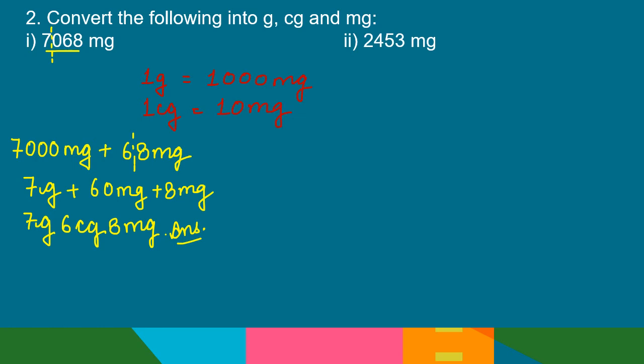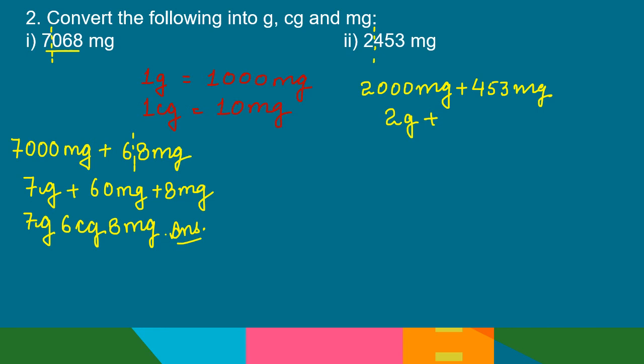Next number given to us is 2453 milligram. Again, firstly we'll break it from 1000 place. So 2000 milligram plus 453 milligram. Now 2000 milligram is equal to 2 gram plus 453.